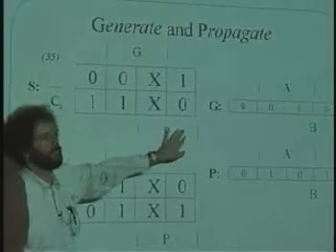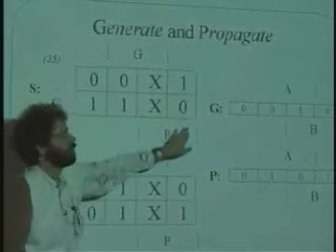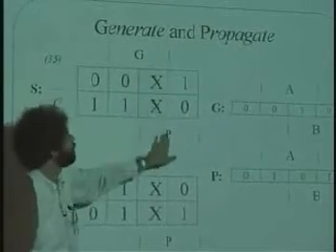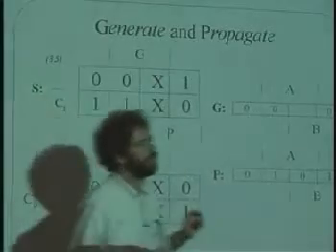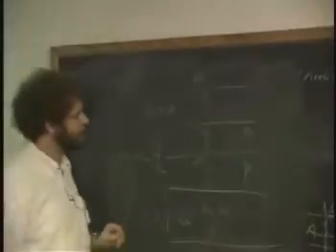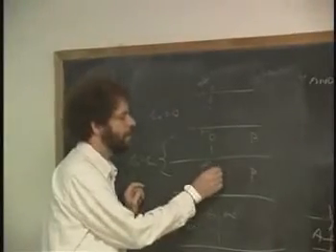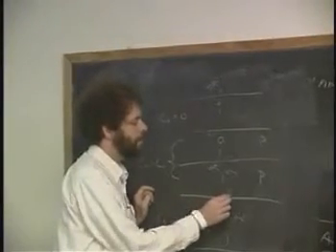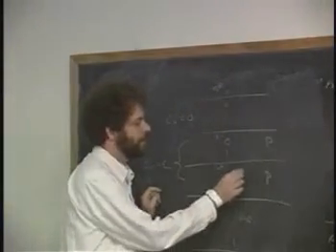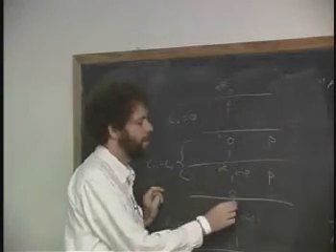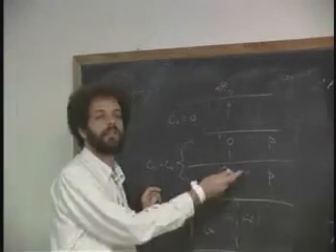Well, when we're in the propagate case, which is going to be this one over here. Because remember, again, this combination never takes place. If one of the things is a 1 and the other one is a 0, what does it mean? It means that if a carry comes in, then the output will be 0. If the carry comes in as 0, the output will be 1. In other words, it'll be the opposite of the carry that comes in. Okay, good.